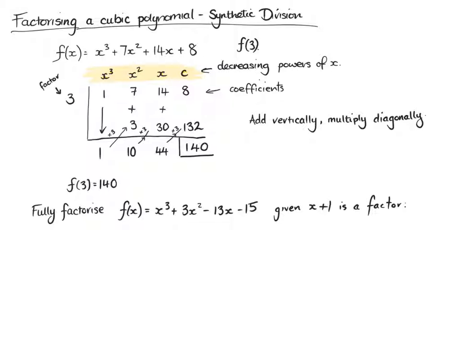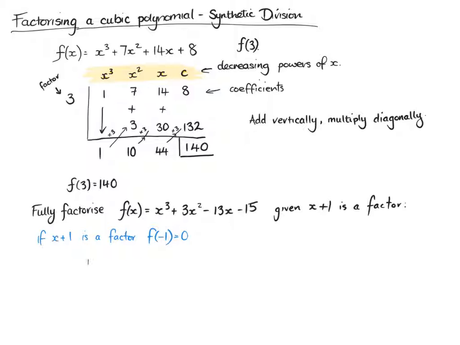Okay, so that means if x plus 1 is a factor, then f of minus 1, because remember we changed the sign, would be 0. So we can do this synthetic division thing, and as long as we get our remainder is 0, then we have a factor.